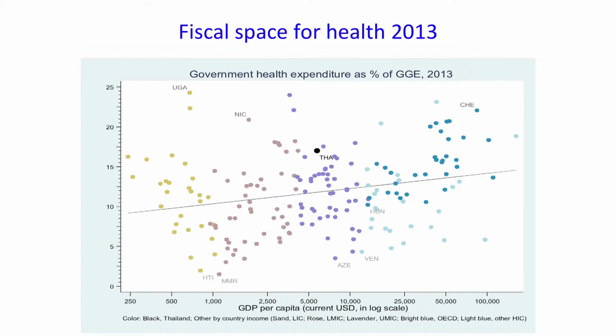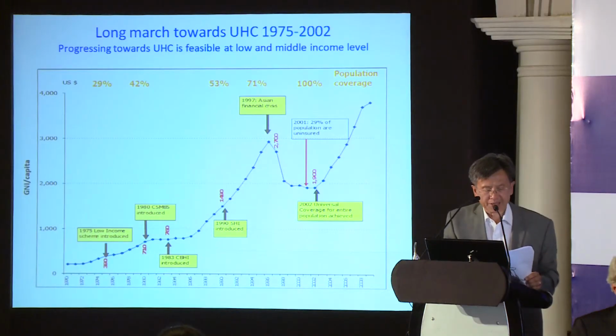This demonstrates, I don't know whether chicken or egg, the link between UC and fiscal space for health. But I would say UHC triggered and maintained the high level of government spending on health, a major achievement much higher than the Abuja Declaration of 15%. It is a long march indeed.